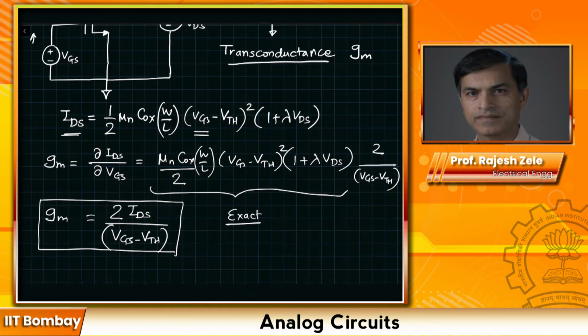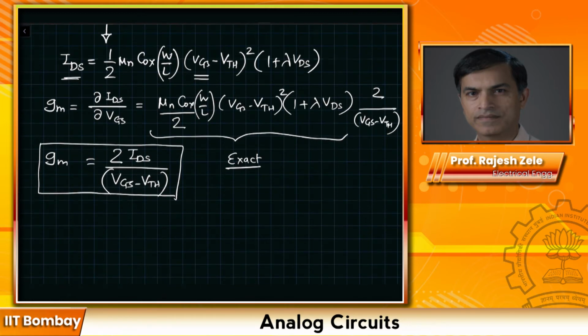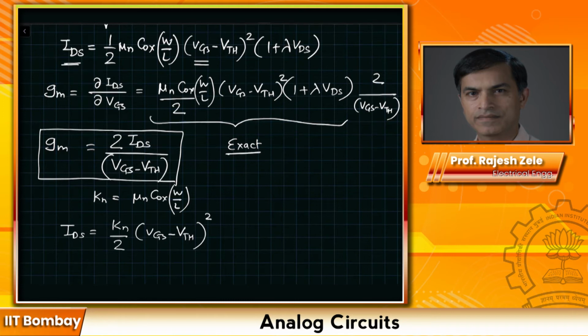We can also write a different expression for GM. Let's simplify things a little bit. We'll call Kn as mu n Cox W by L. IDS is equal to Kn divided by 2 times VGS minus VTH squared.